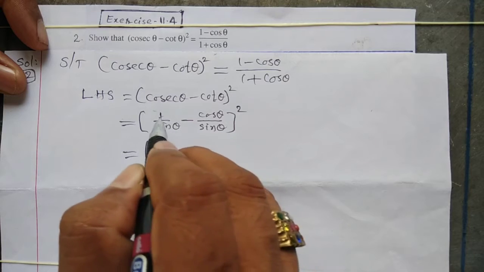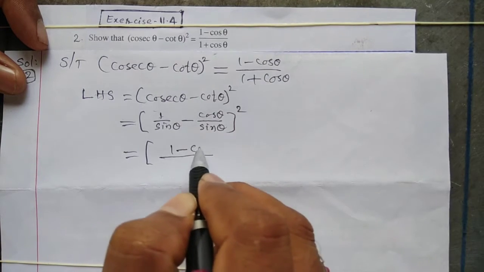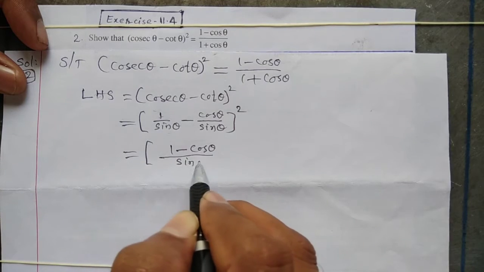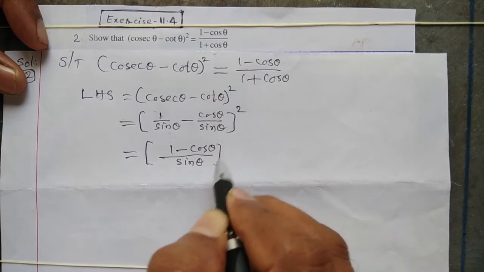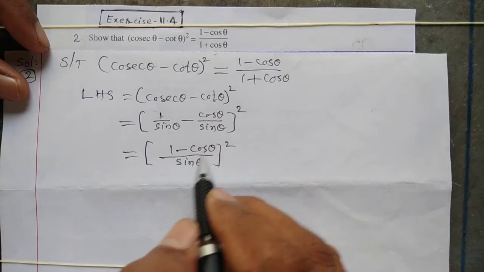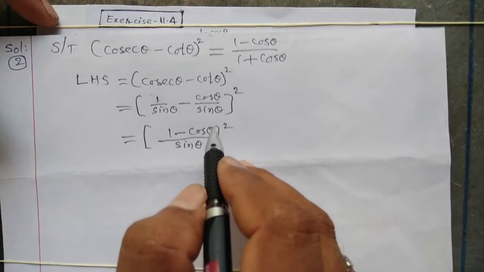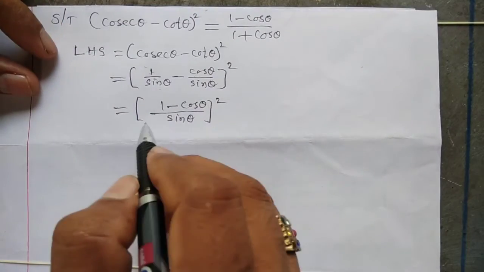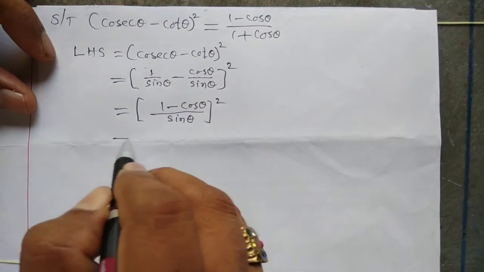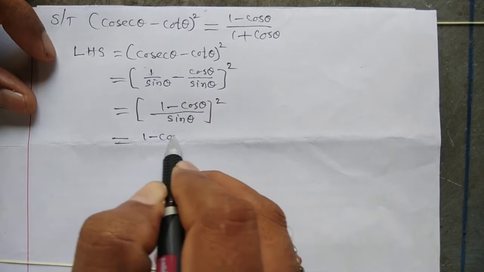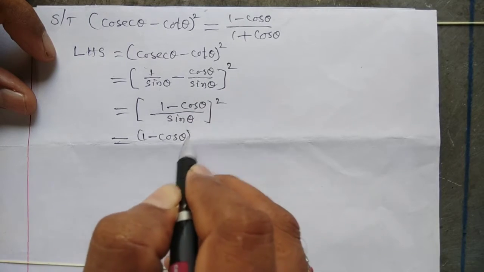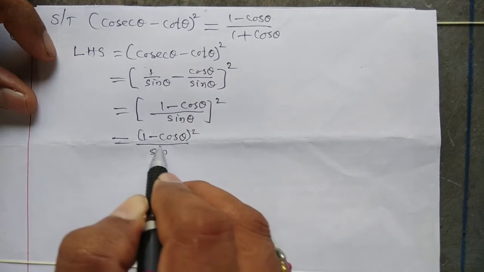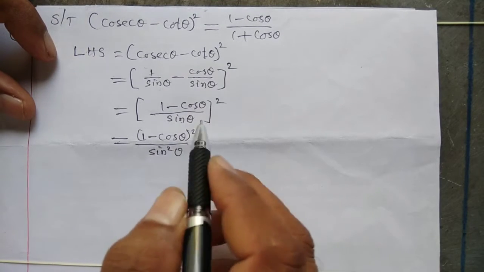For subtraction, the difference of numerators by the common denominator, sin theta, whole square. We can write this square for both numerator and denominator: (1 minus cos theta) whole square by sin square theta.